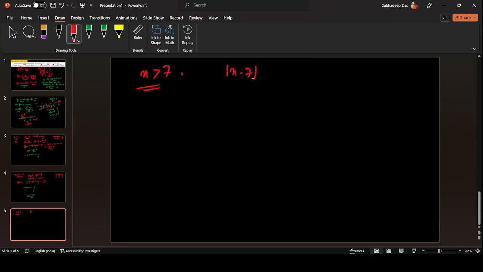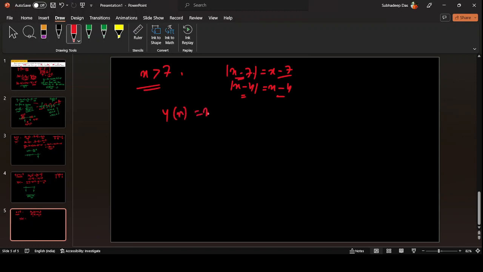So in this region, mod of x minus 7 equals x minus 7, as well as mod of x minus 4 equals x minus 4, as x is greater than 7 and also greater than 4. Both are positive numbers, so it gives us the same according to the mod function.